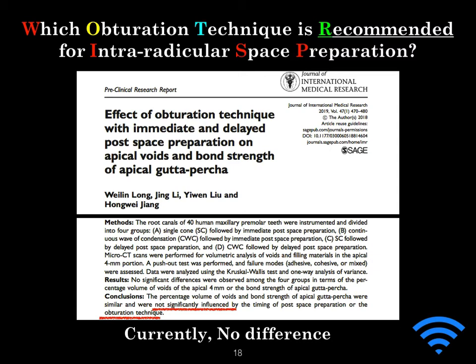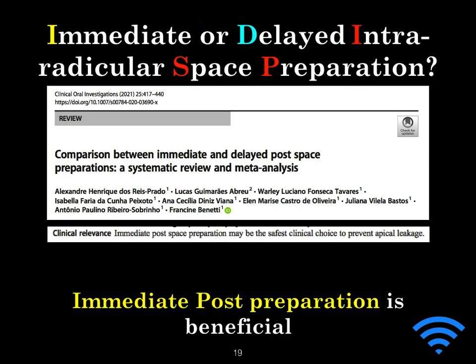Most practitioners prefer more vertical, but the evidence now is moving toward no difference between the techniques. Then the time of doing the intraradicular space preparation. The evidence today, 2021, is more favorable toward immediate post-preparation because it is more beneficial. It prevents apical leakage according to this study.